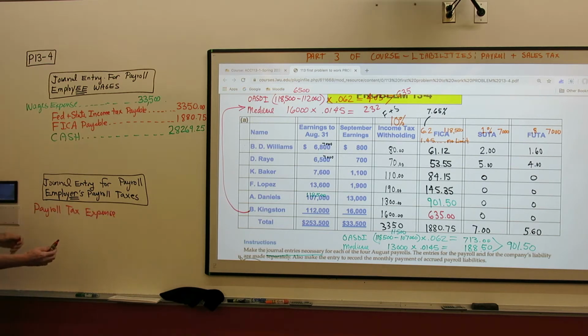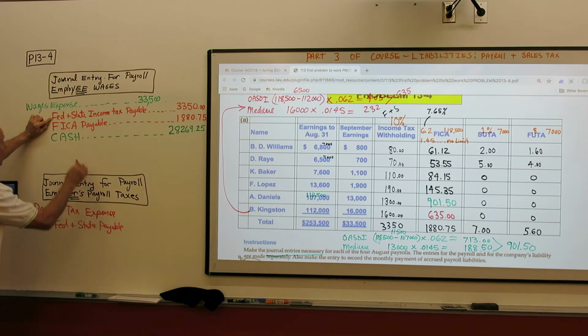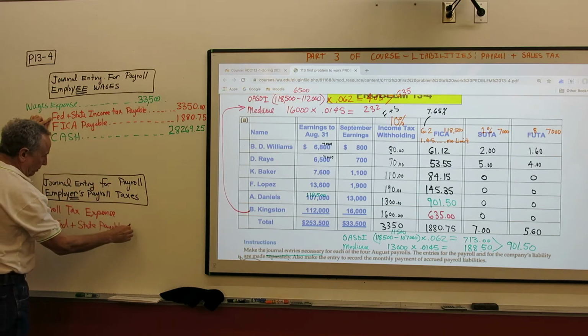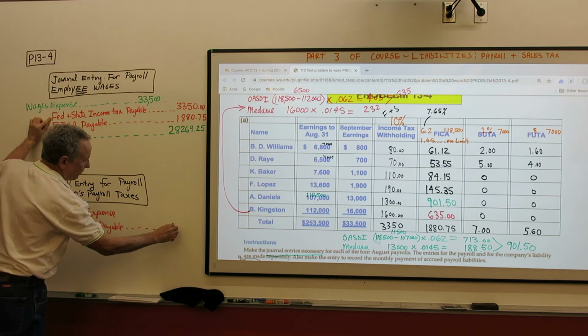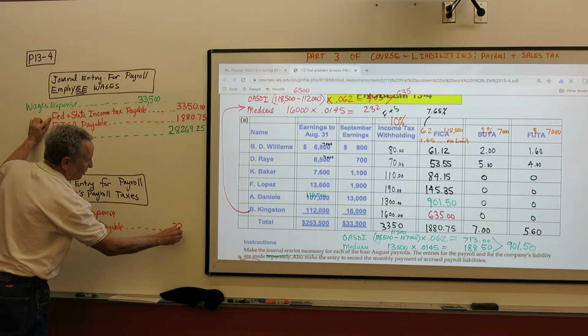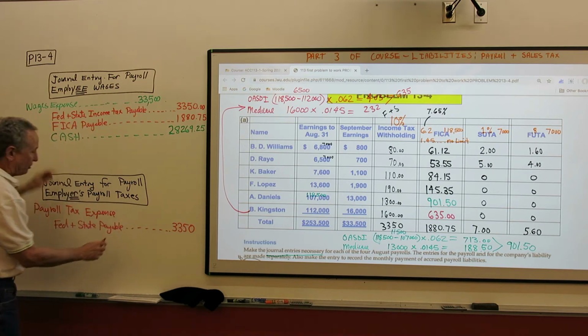And I don't know what it's going to be, but I know one thing. This credit is identical. This is going to go to the Fed and state payable, and it's going to be exactly the same thing. $3,350, because they're matching it, you see?